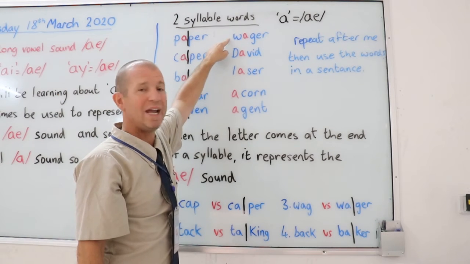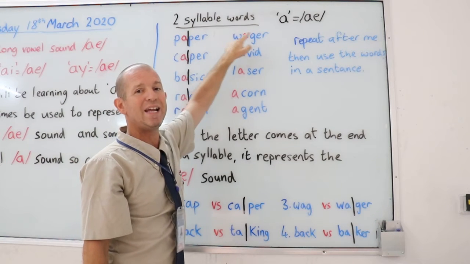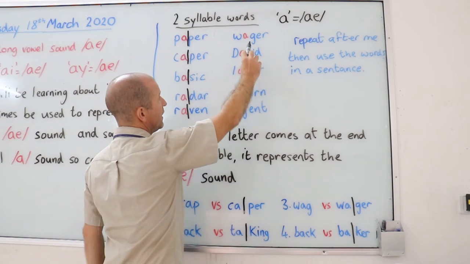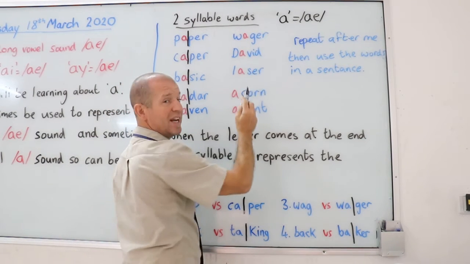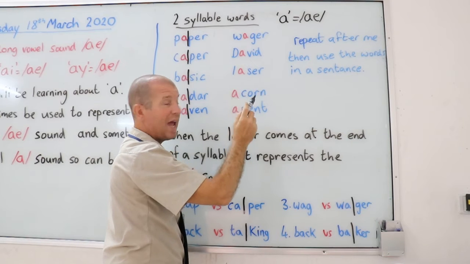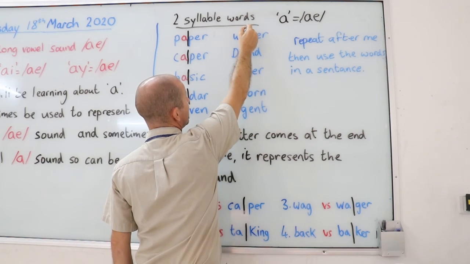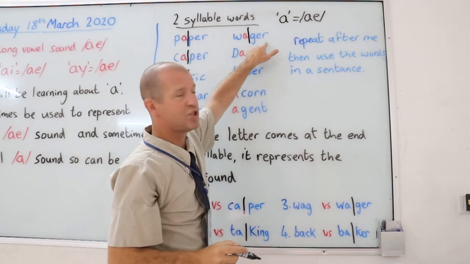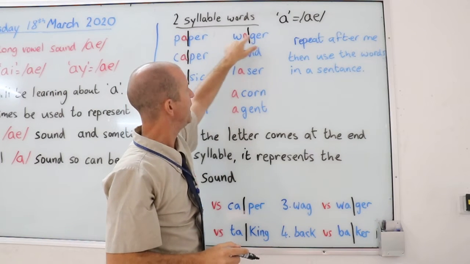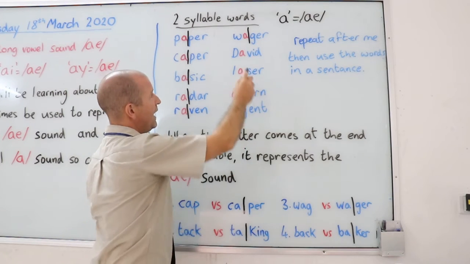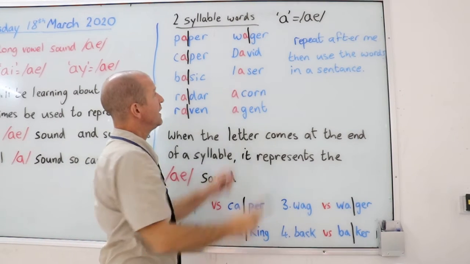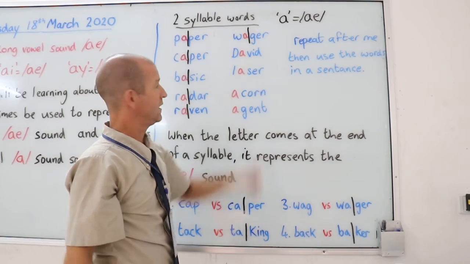Now we have wager, wager, wager. Again, the A that's usually an A turns into an A because it is at the end of the syllable. Wager. Two syllables. Now we have David, David, David.